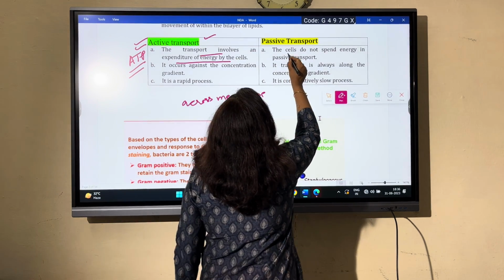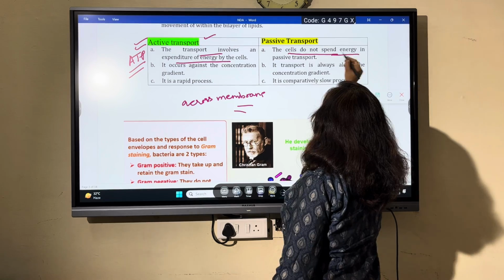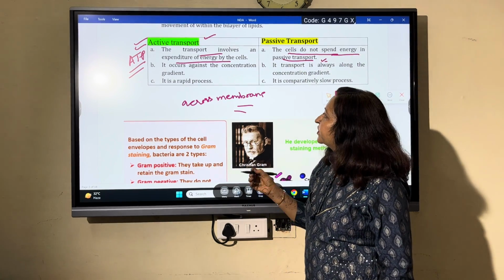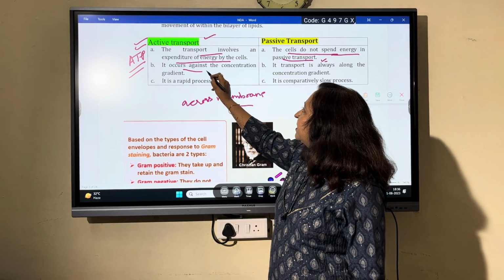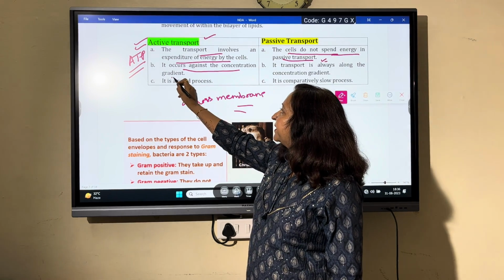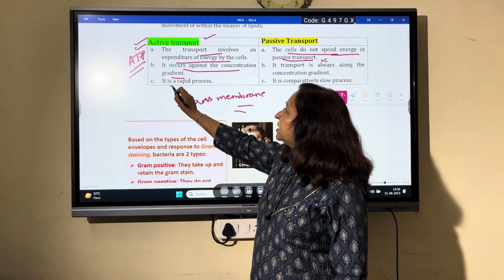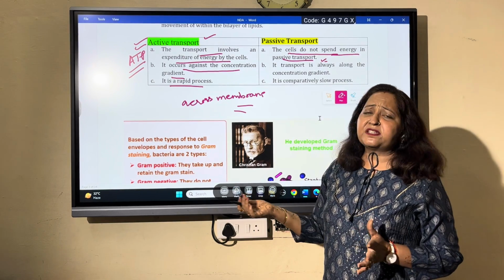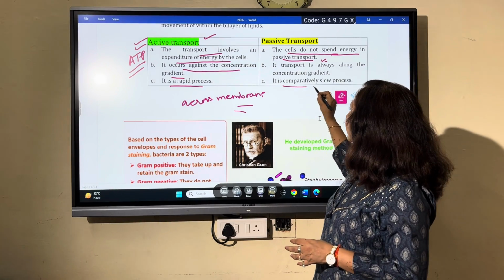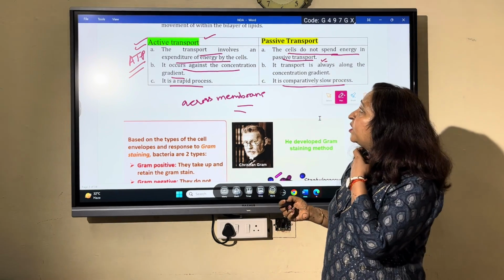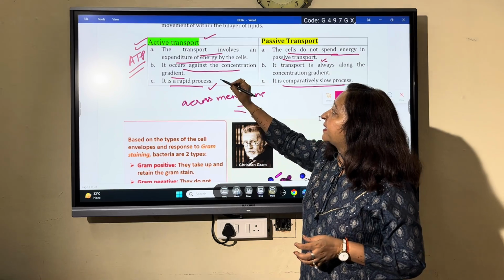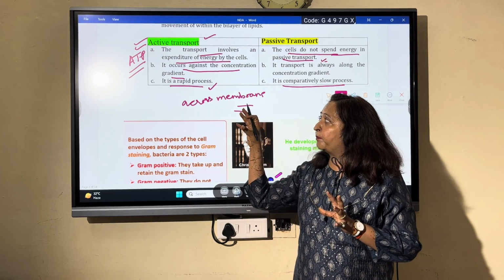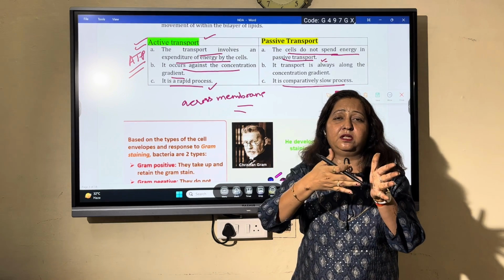Whereas in passive transport, the cells do not require any energy. In active transport, it occurs against the concentration gradient. And last, active transport is a rapid process, whereas passive transport is a slow process. Now we have to clear this point, why active transport is rapid.